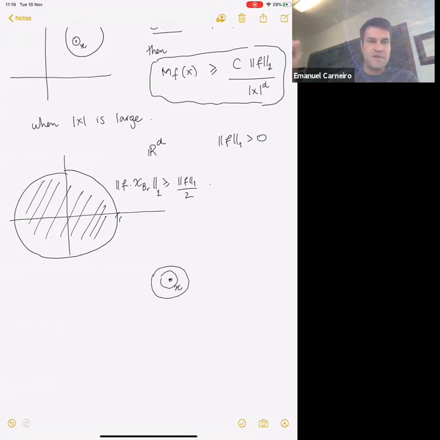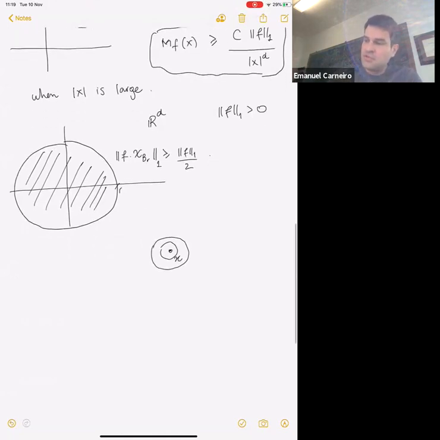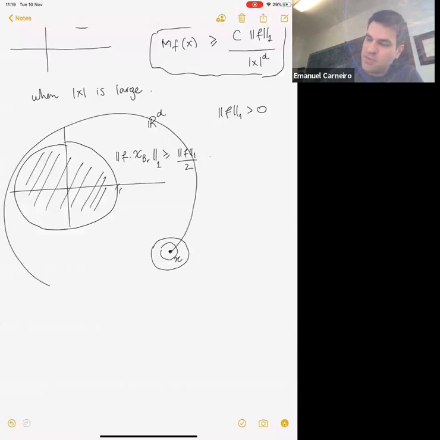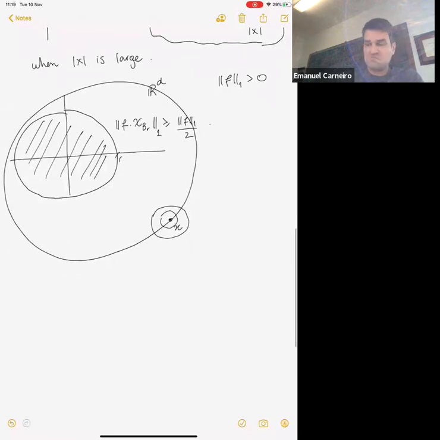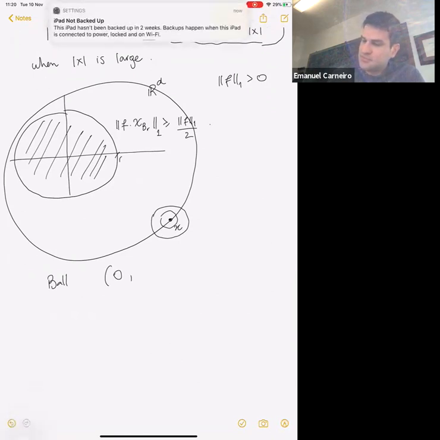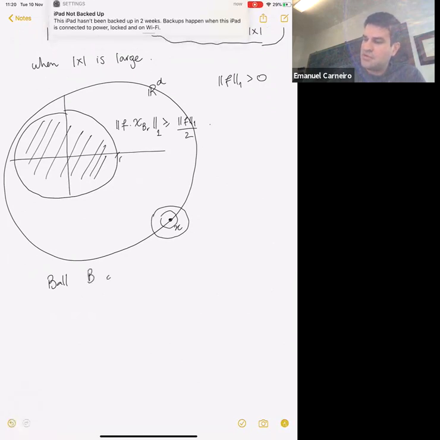So if you're given a point X far away, you are allowed to choose a ball that takes your point X, but goes all the way here in the space and picks up this big ball at the origin. In other words, you can take a ball B of radius, let's say, absolute value of X plus this little r.